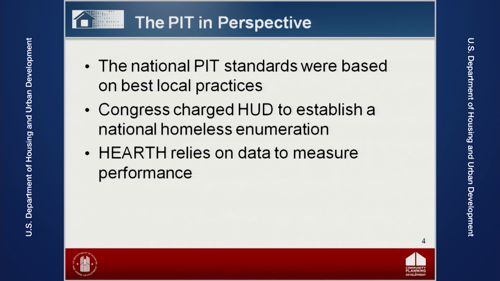HUD also began implementation of homeless management information systems. This data was then used to develop national PIT estimates and annual sheltered estimates from HMIS data. This information was collated in a mandated report to Congress called the Annual Homeless Assessment Report, or AHAR.